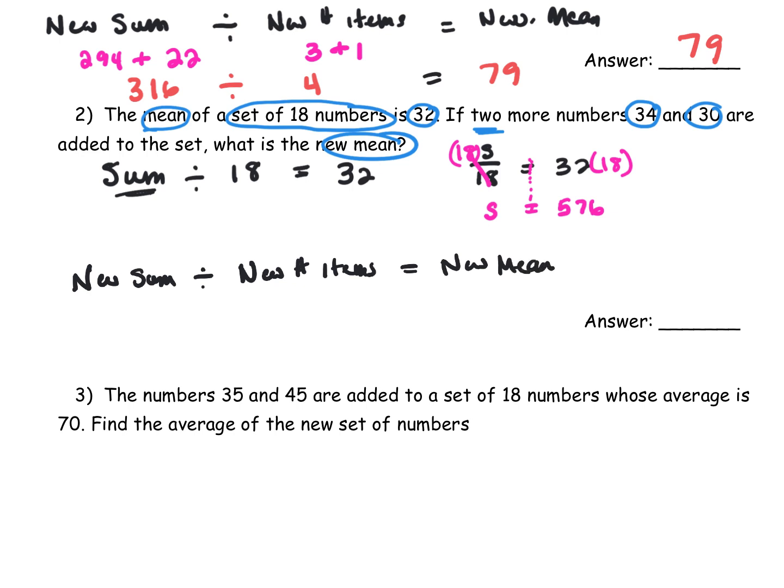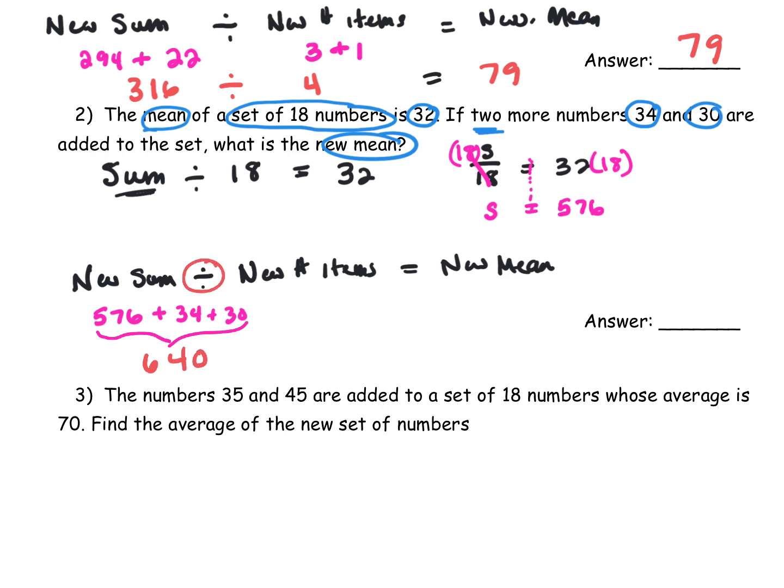So we're going to use not our old sum, but the original sum, which was 576, and we're going to add 34 and we're going to add 30. So if we add these items, our new sum is 640.